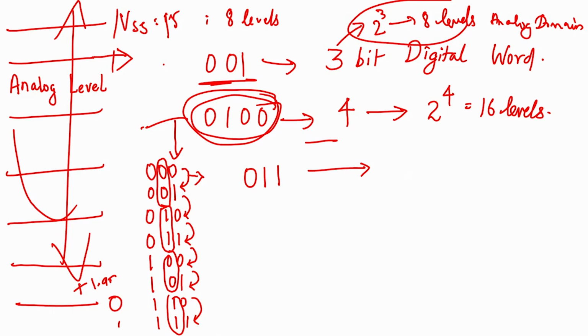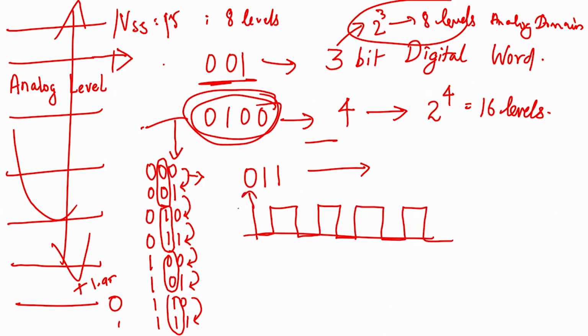Let us say, if we draw this as a digital signal, like a time domain signal, it will be 0 1 0 1 0 1 0 1, correct. This is 1, this is 0, correct. If you look at it like this, 0 1 0 1, it is toggling. But what happened to this one?